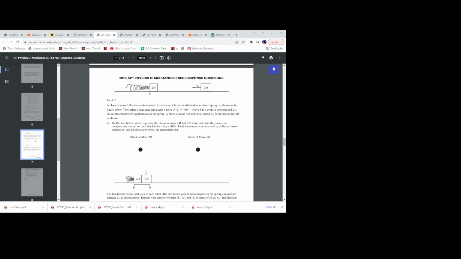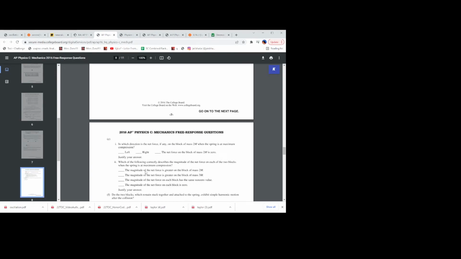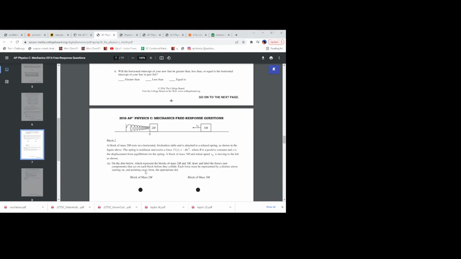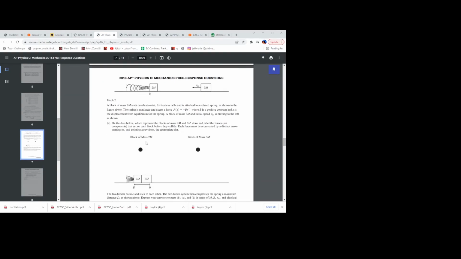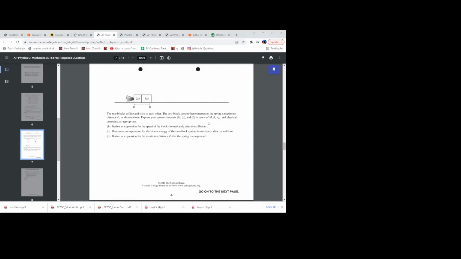Okay, let's do it. So, should I do the rest? Okay, the first part's just like content. I'm gonna speed run the rest of it. We're not gonna actually do it. Okay. Whatever, I don't care about this. Speed of the blocks, inelastic collision, kinetic energy.